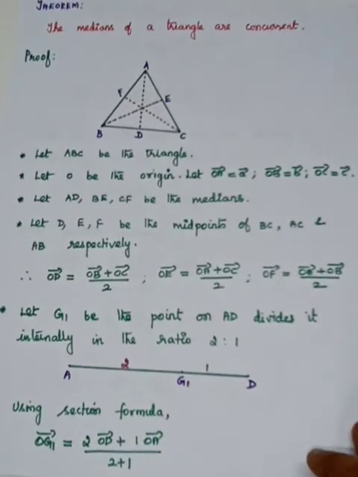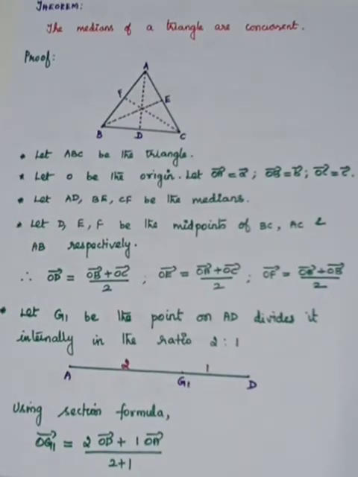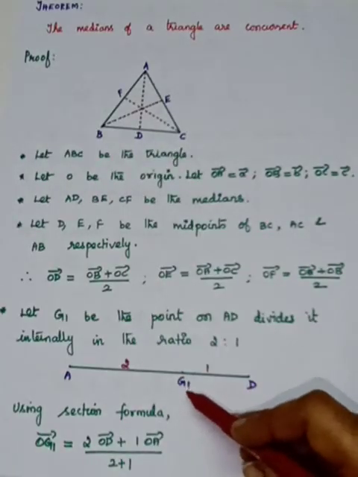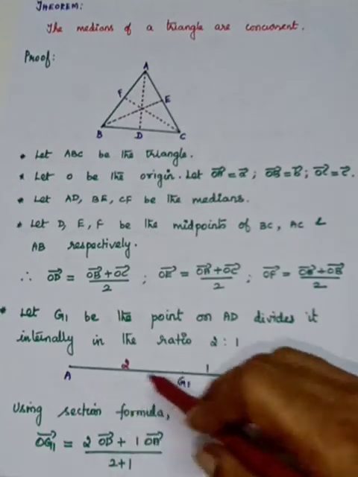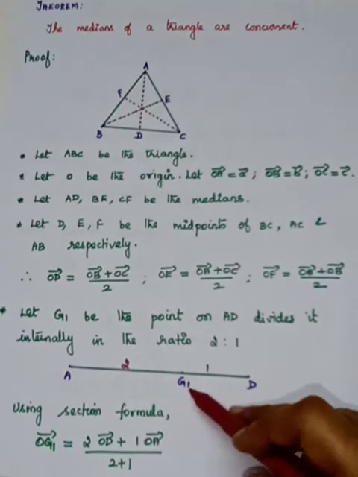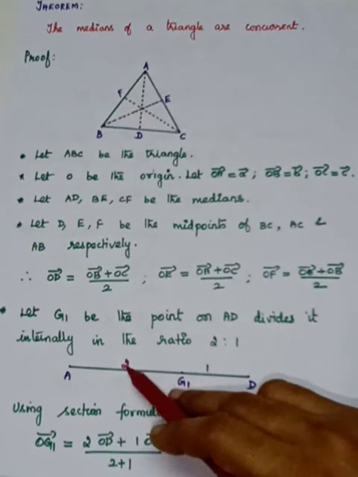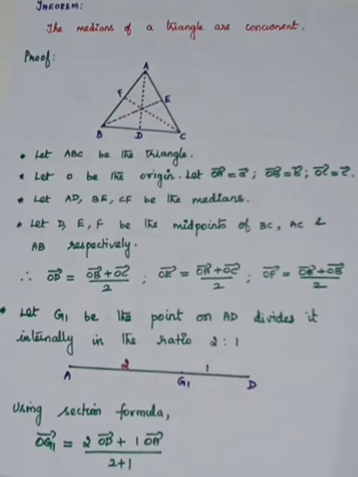Next, we will take the first median. What is the first median here? The median is AD. AD is the first median. On that, we'll consider one point G1 to be the point on AD which divides AD internally in the ratio 2:1. So here we are going to use the section formula.